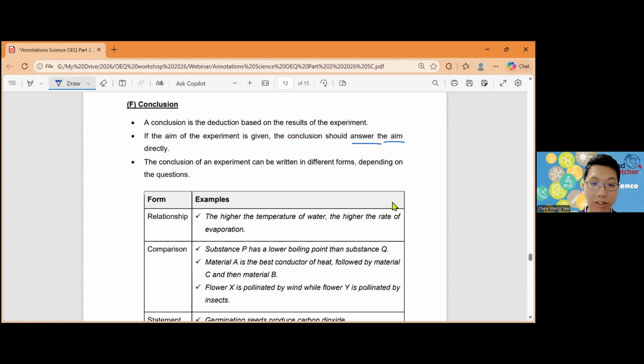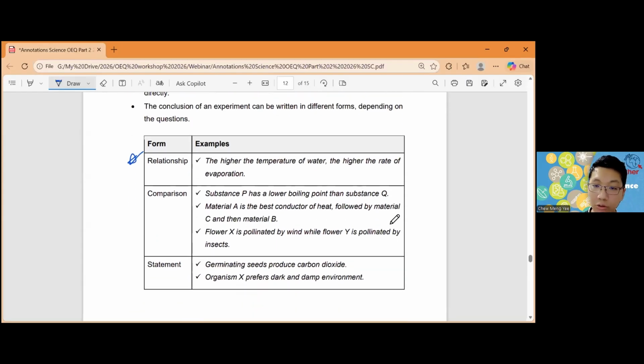After I do my experiment and get my results, I can conclude yes, temperature affects the rate of evaporation of water, or I can conclude a relationship: the higher the temperature, the higher the rate of evaporation of water. So conclusion can be written in the form of a relationship.